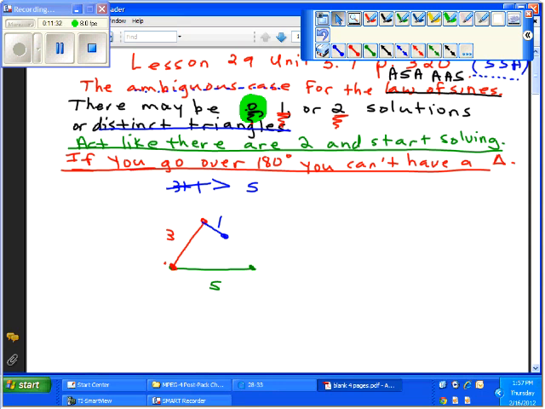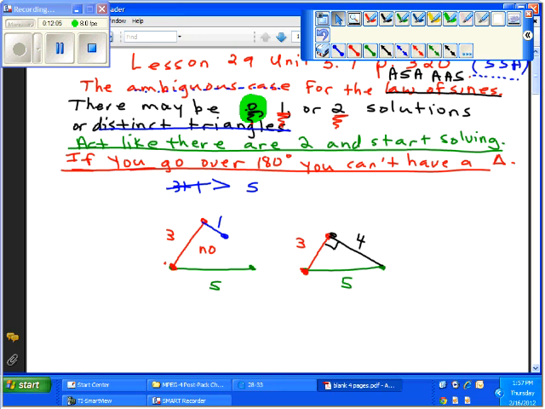Now, here's the scenarios. You could have a situation like that where there's no triangle at all. Or you could have a situation like this where this was 3 and this was 4, and we know that that's a Pythagorean triple, and that would be a right angle, and we would have one distinct right triangle.